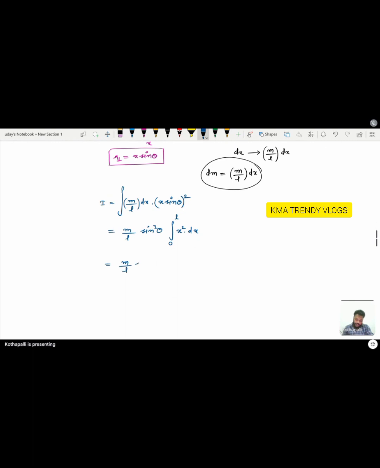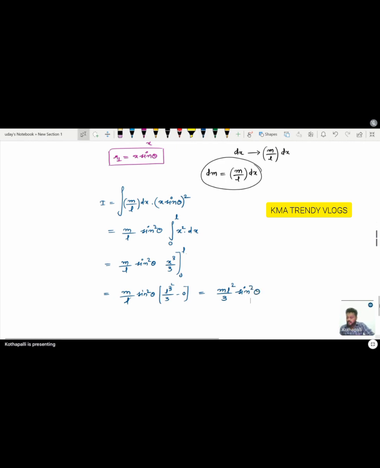So from 0 to L, if we integrate, we can write m by L into sine squared theta into the integral of x squared dx, which is x cubed by 3 for the limits 0 to L. Substituting the limits, m by L into sine squared theta, upper limit L cubed by 3 minus lower limit 0. One L gets cancelled here, so it will be m L squared by 3 into sine squared theta.